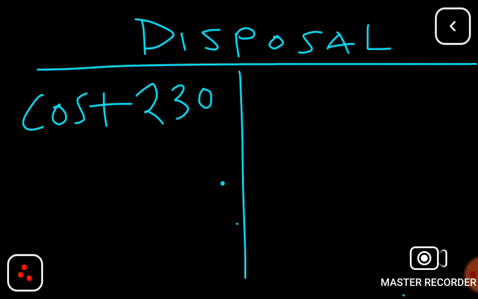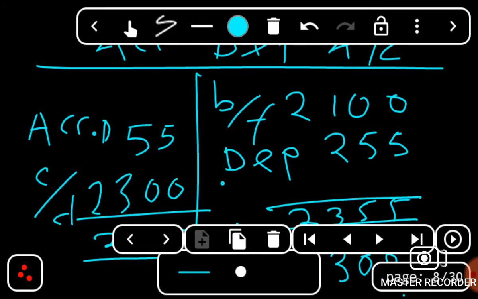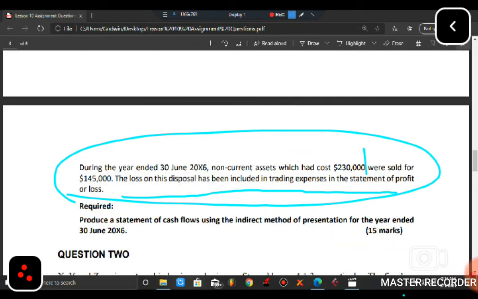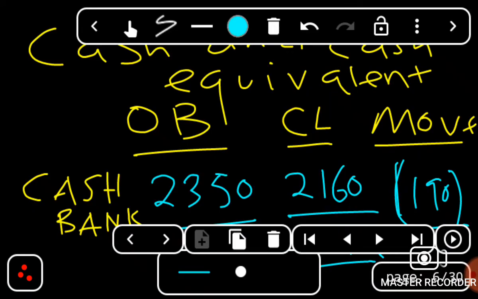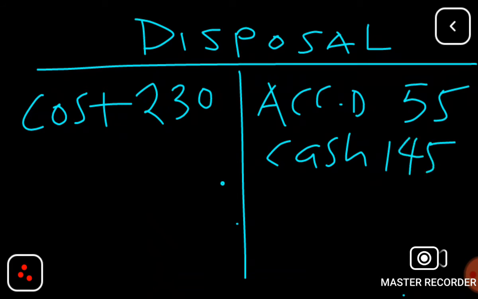Amongst these three things, only cost is debited. We had calculated our accumulated depreciation, which was 55 earlier, if you rewind the video, and the cash at which you sold it was 145,000.